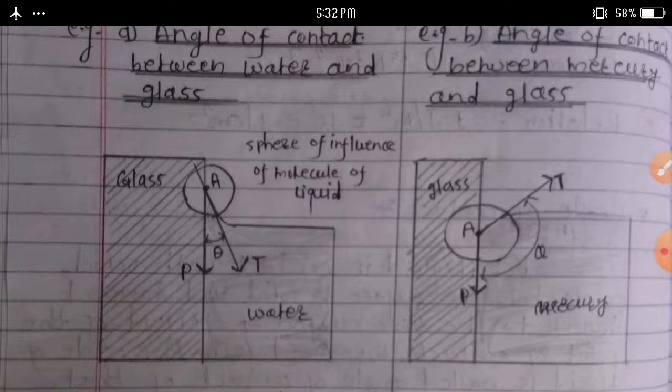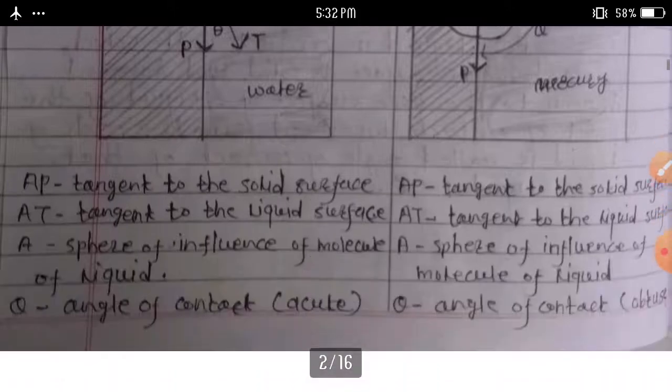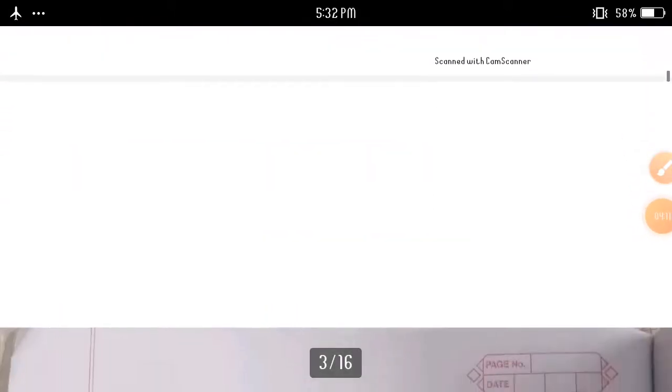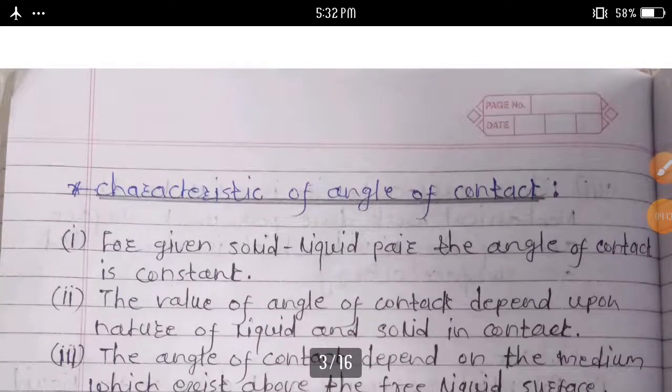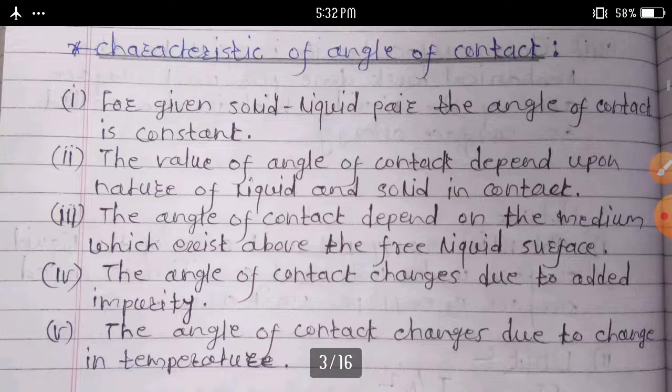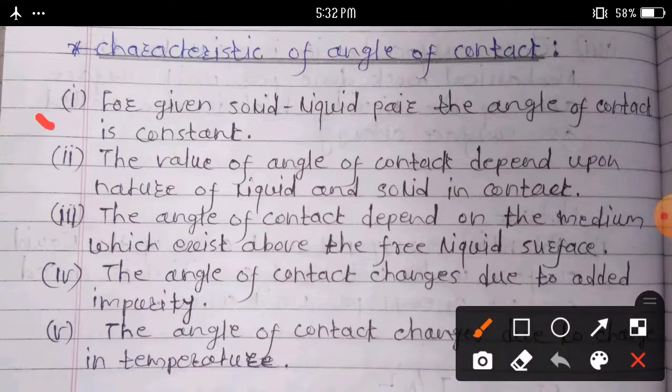Then we discuss the characteristics of angle of contact. First characteristic: for a given solid-liquid pair, the angle of contact is constant.